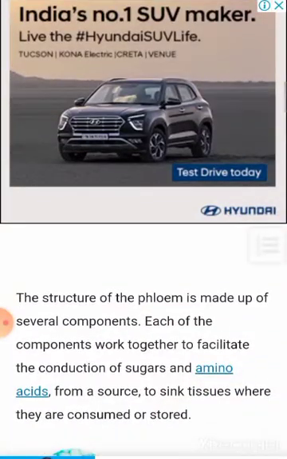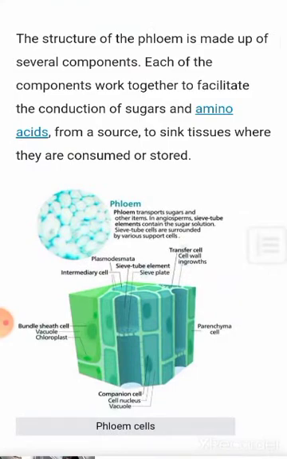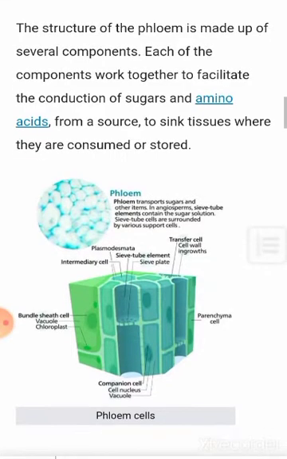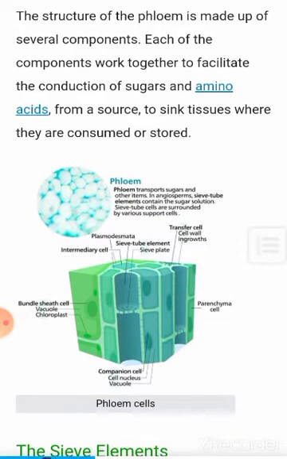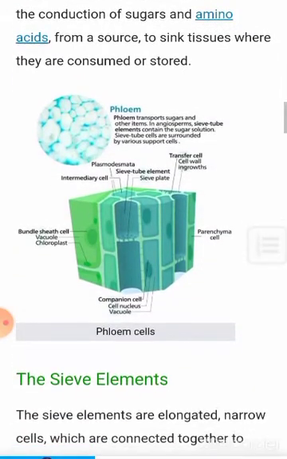You see the structure of phloem. The structure of the phloem is made up of several components. Each of the components work together to facilitate the conduction of sugars and amino acids from a source to sink tissues where they are consumed or stored.